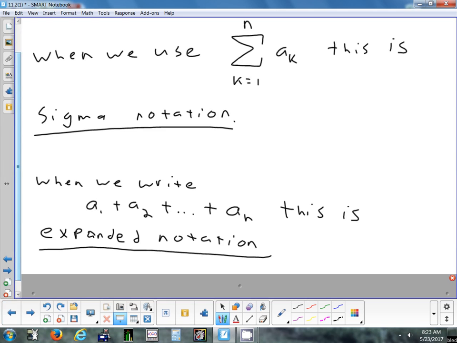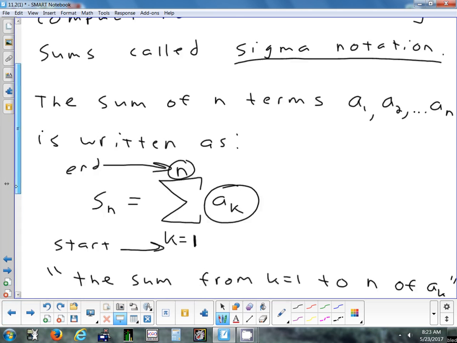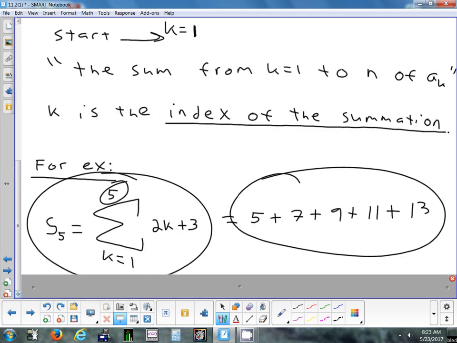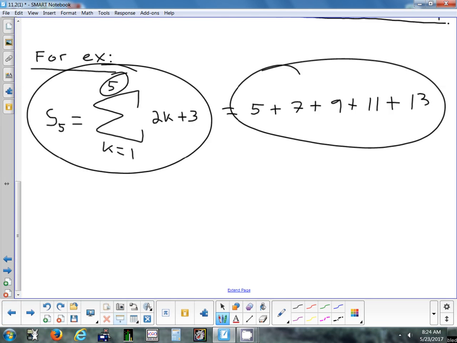And the index doesn't always have to start at 1. You can start the index wherever you want. So I'm going to go back to the formula we just had, and I want to see if you can come up with a different way to write the same thing, something that's equivalent. Okay, so let's take this one.